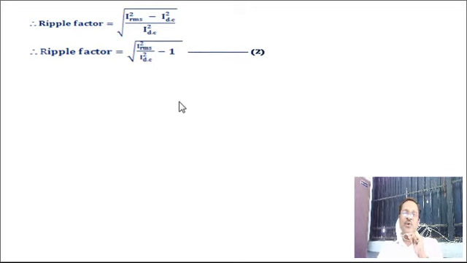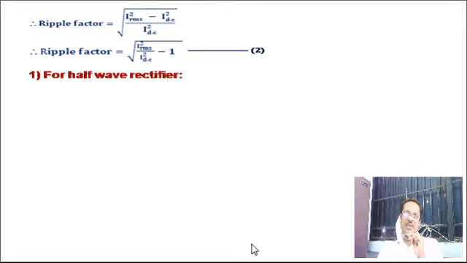Now we have to calculate the ripple factors for the half wave rectifier and full wave rectifier circuit. First we will discuss the ripple factor for the half wave rectifier. To calculate the ripple factor we need these two values, IRMS and IDC. For a half wave rectifier, the value of IRMS is Im by 2, where Im is the maximum current flowing through the rectifier circuit.